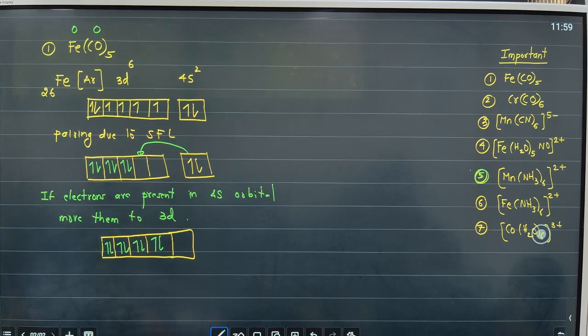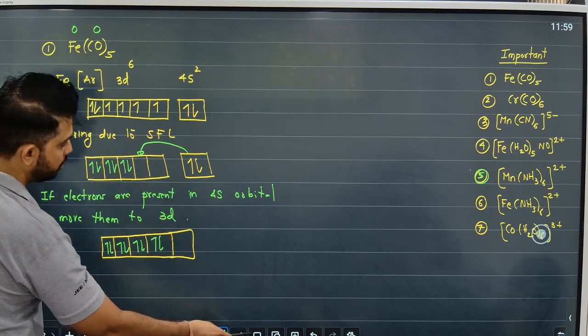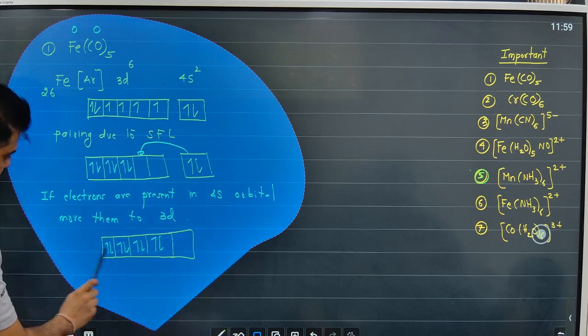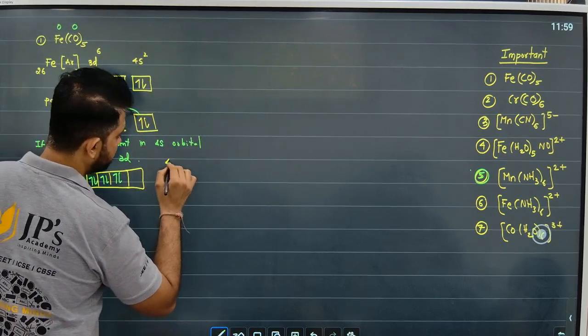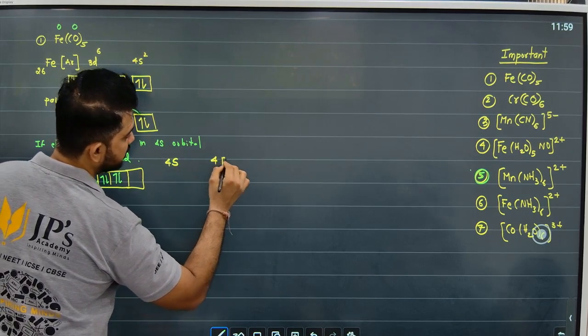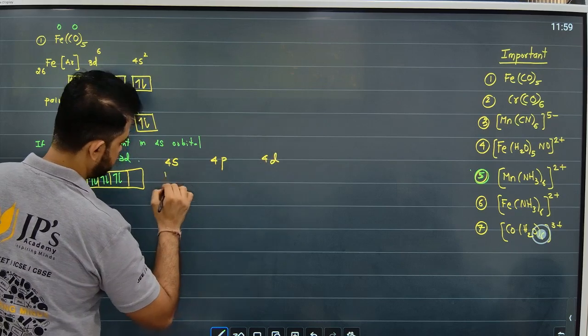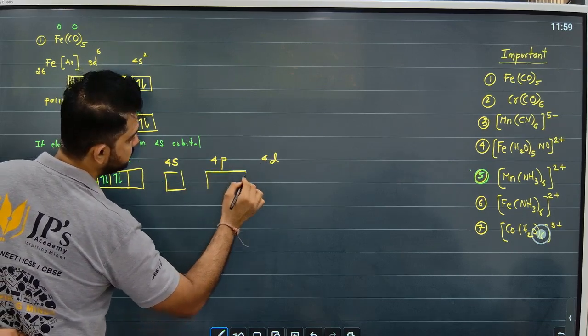Did you get that? Now, how many lone pairs are coming in? 5. उनको accommodate करने के लिए we have 4s, 4p and 4d.